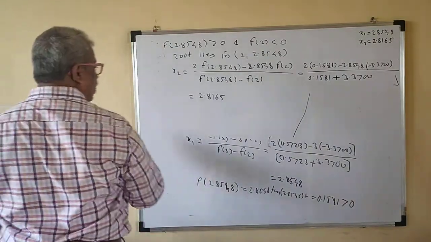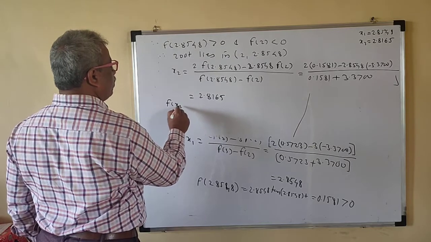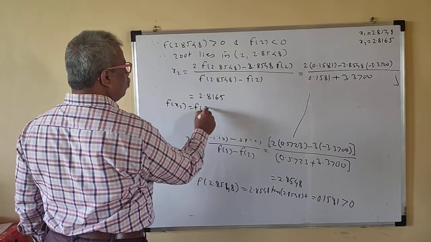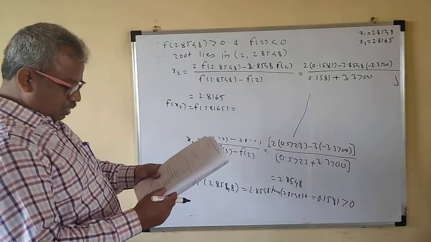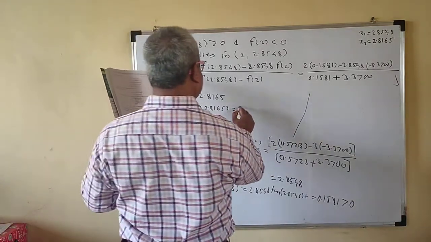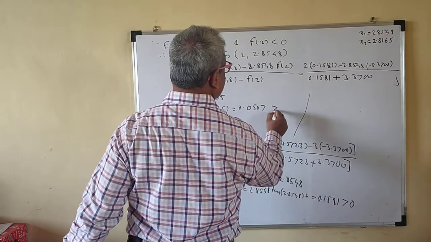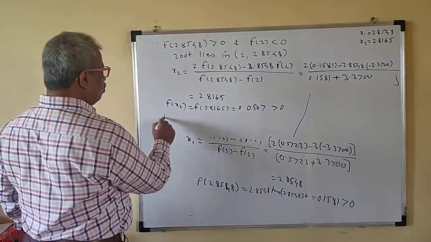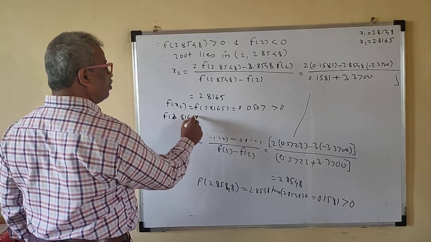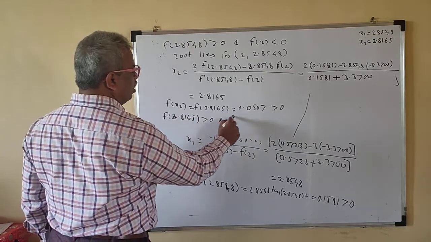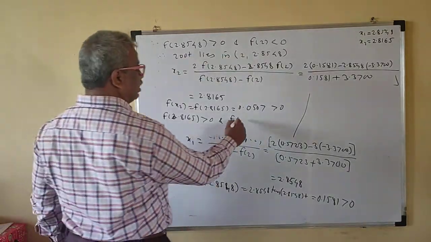So we'll find f of x2 now. f of x2 means f of 2.8165. I have calculated this value as 0.0507. This is positive. So f of 2.8165 is greater than 0, and f of 2 is less than 0.